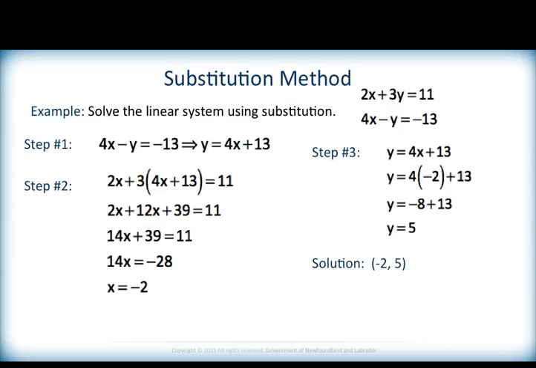Let's check the second equation. 4 times -2 is -8. -y, which will give us -5, does that actually equal -13? Well, -8 subtract 5 does give us -13. So both equations are verified with the solution -2 and 5.